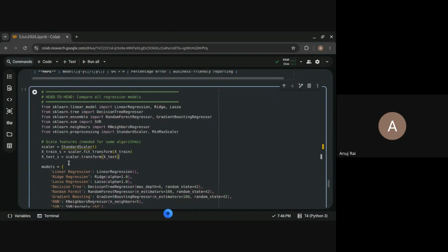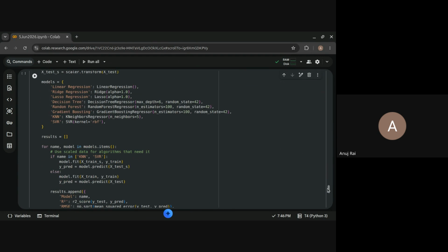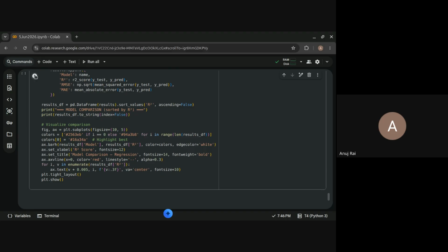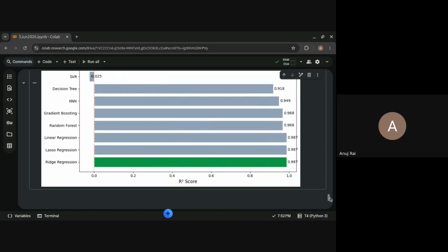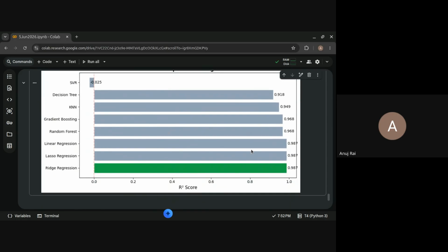Now we will train all the models on the same data set, and then we will see their R2 score. And here you can see that ridge regression, for example, is giving us the most optimal R2 score, and lasso regression.